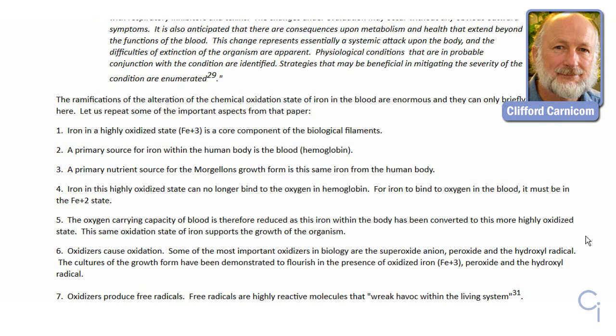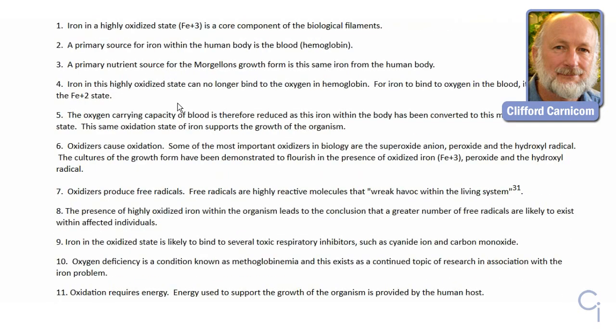For iron to bind to oxygen in the blood, it must be in a certain oxidized state. That one is one loaded statement, folks, if you want to understand what our bodies depend upon. Our entire processing of energy in our body is dependent upon oxygen, the entire process. And if that is interfered with in any way, you've got a major problem before you even got started.